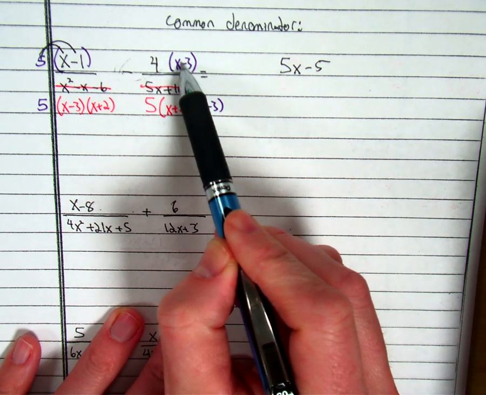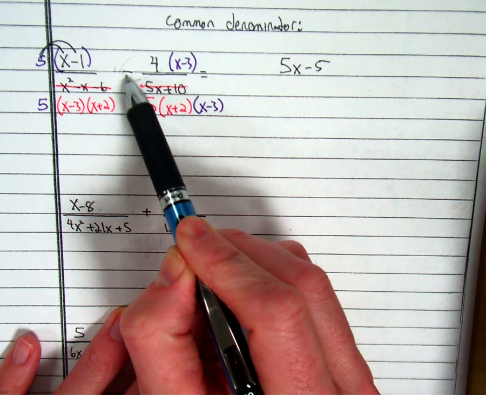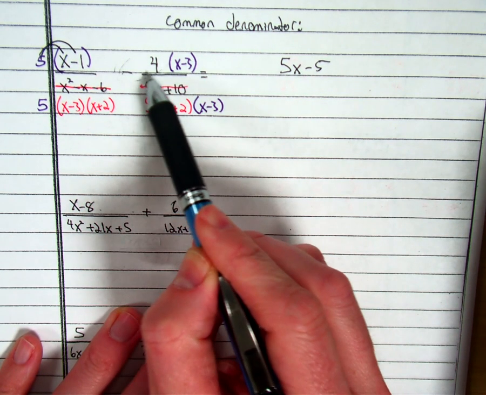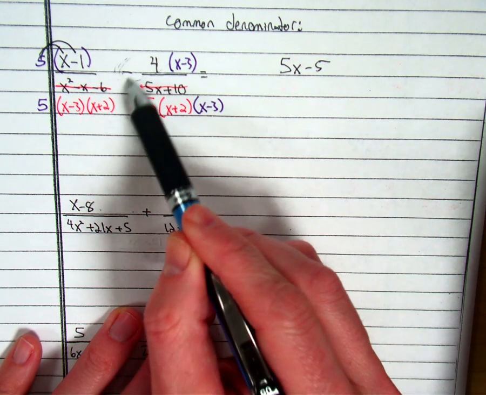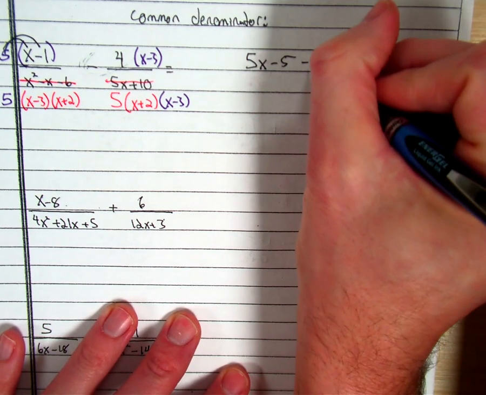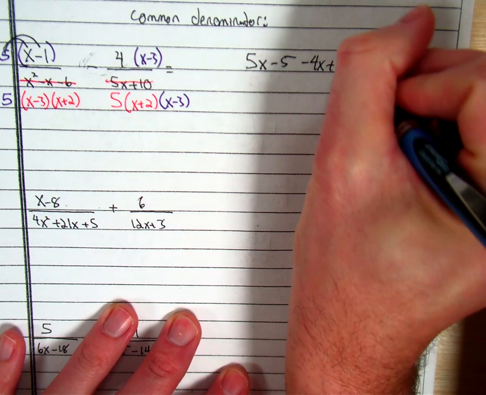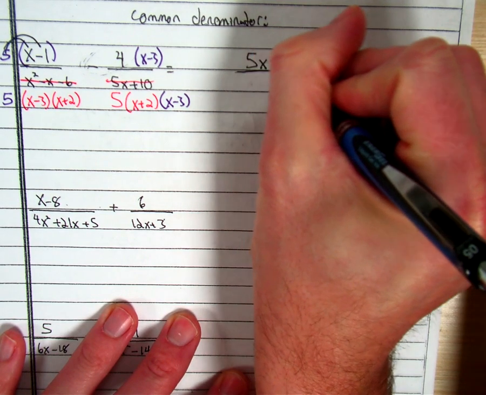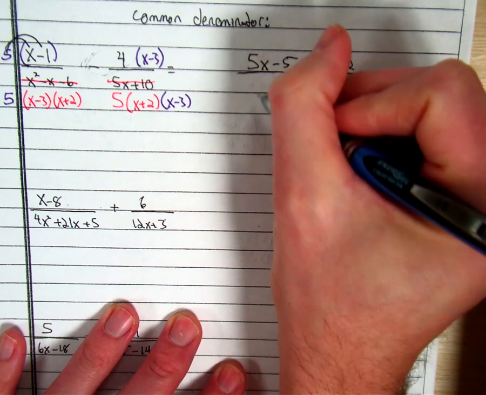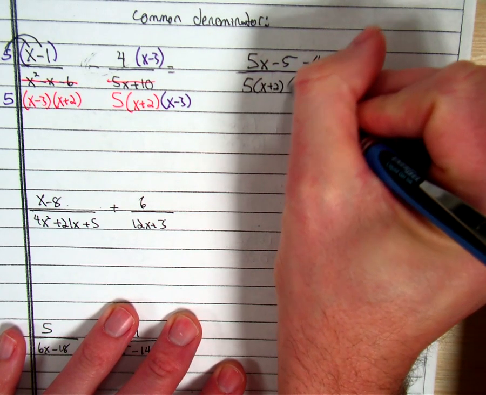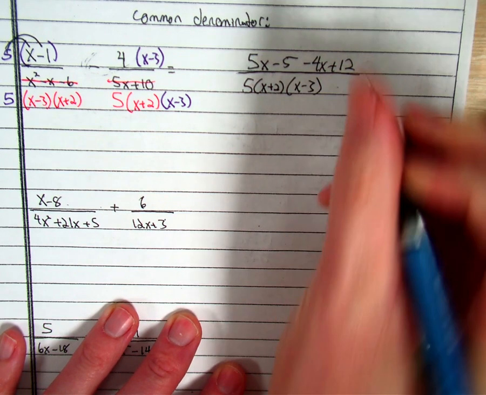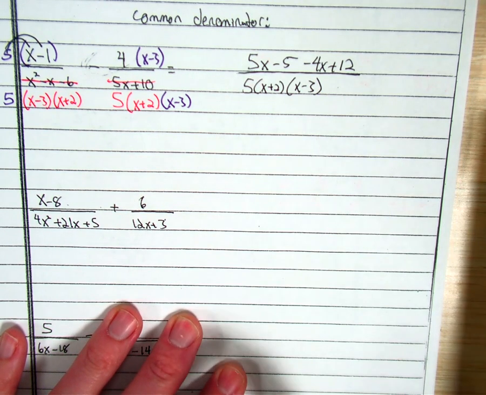You could do 4x minus 12 and then take the negative sign to those, or you might as well just take the minus with the 4. We'll have negative 4x plus 12. This is all over our common denominator, 5, x plus 2, x minus 3. And again, that order doesn't matter down there.